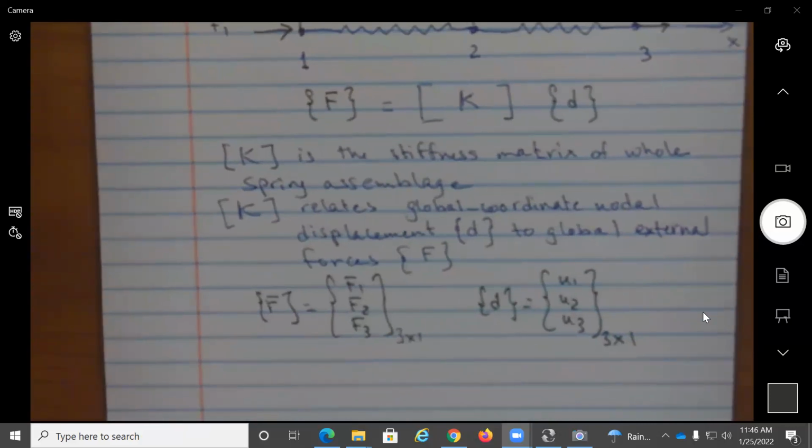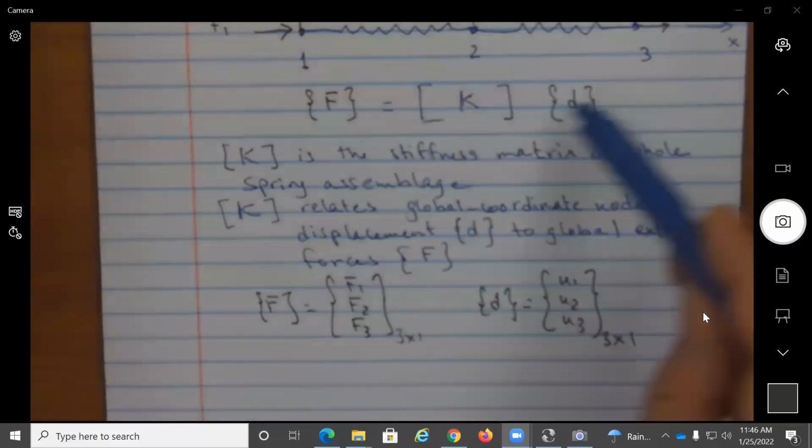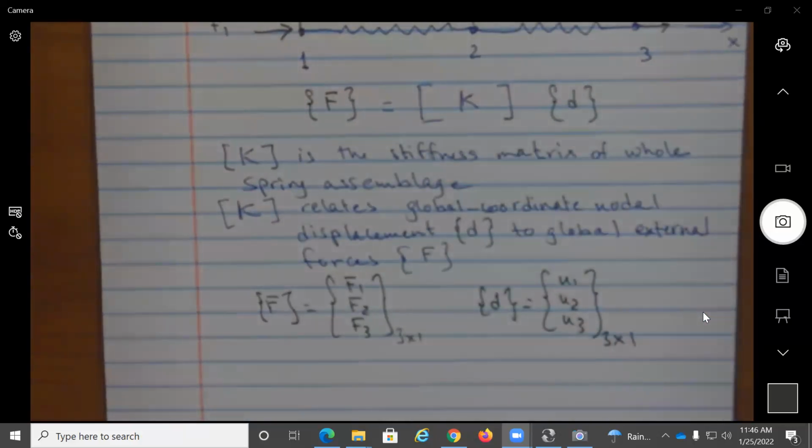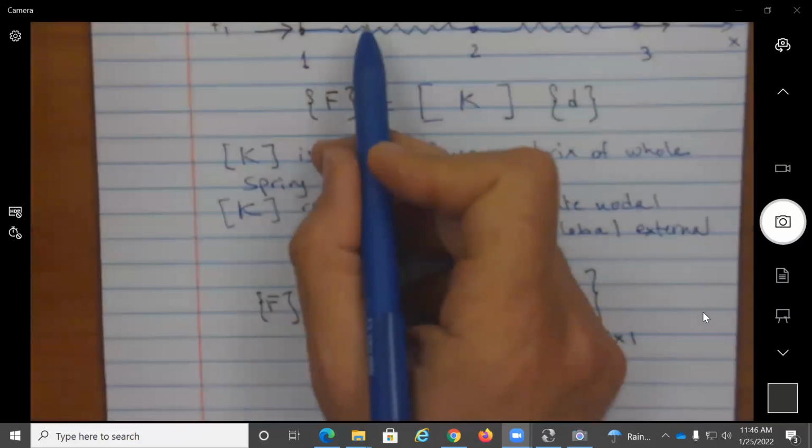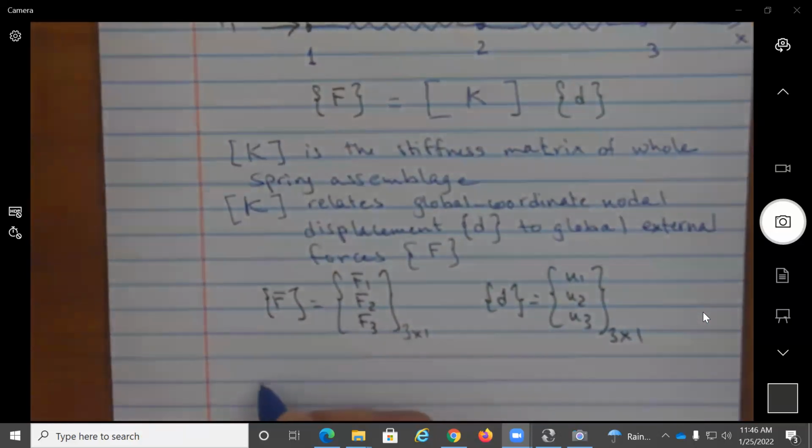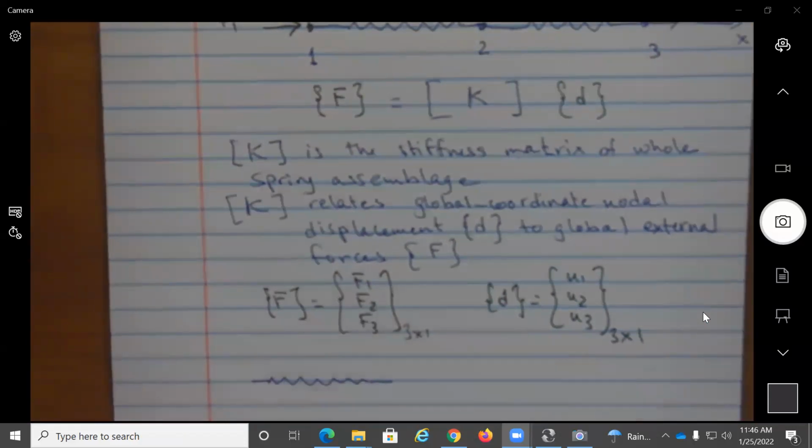What I'm going to do next is look at each element separately. So I'm going to take this first element 1, and second element 2.